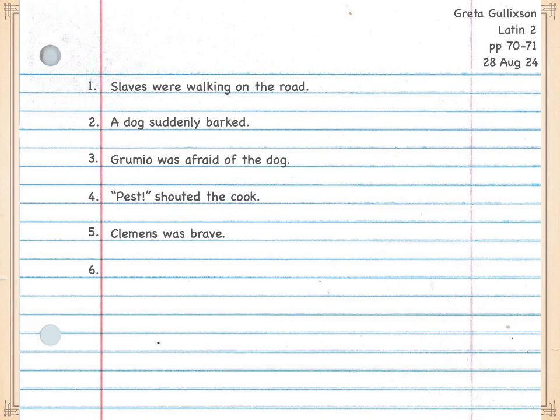Sex, though, says, sed canis clementem superavit. But the dog overcame Clemens. There again, we see that superavit is in the perfect. He completed this action. You may continue with that translation.